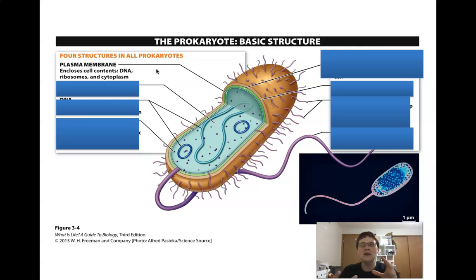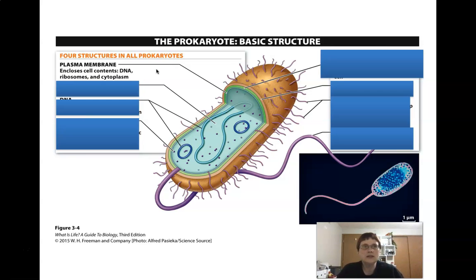I almost always think of these kind of like a Ziploc bag, and everything else is inside. Because what plasma membranes do is it keeps the contents of the prokaryote inside, right? So all of the other material that we're going to look at is inside of that plasma membrane.